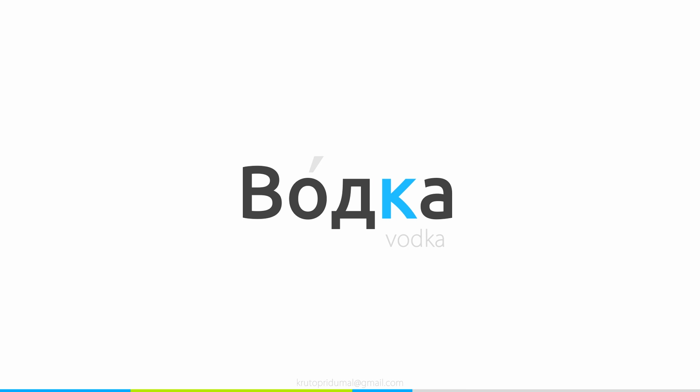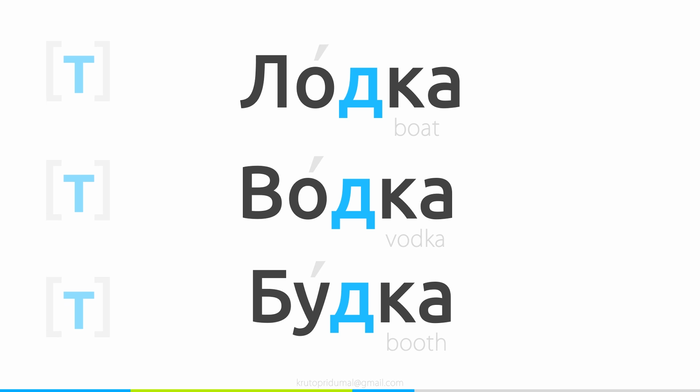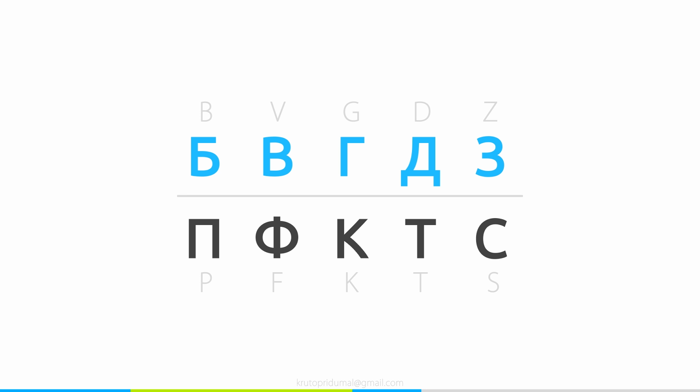It's hard to voice it because of that. Лодка, водка, будка. The same thing happens to any of these letters. Do you remember how I read все? Все. V is hard to voice because of this S next to it. That's why it sounds like F. So the general rule is whenever it's hard to voice these letters, you just don't do it.